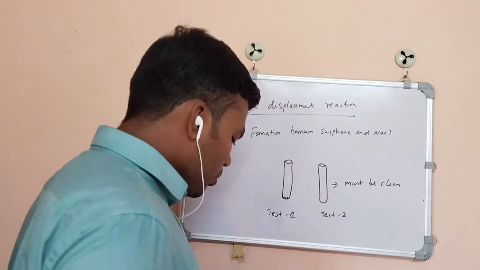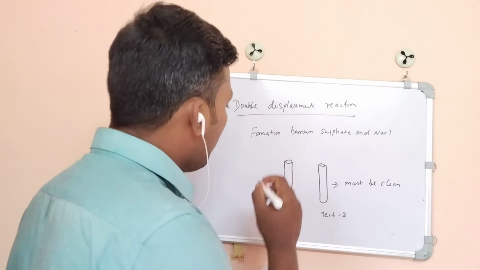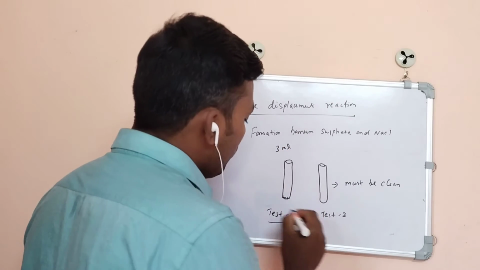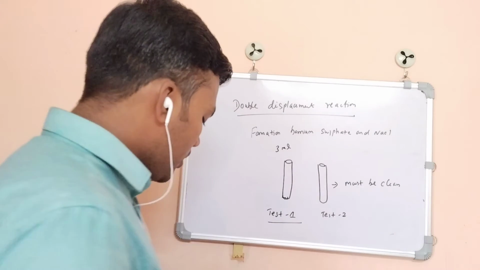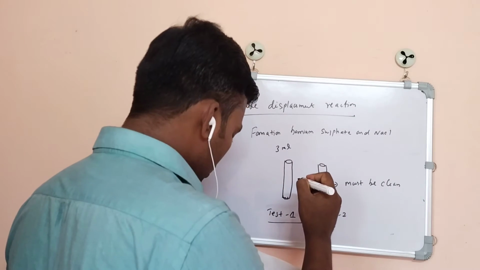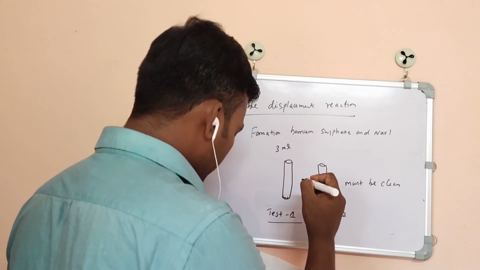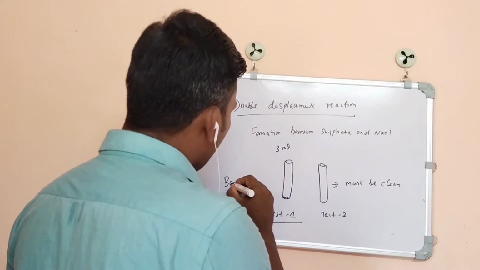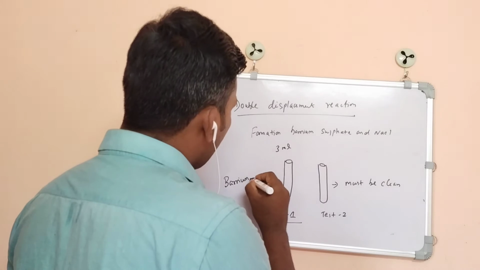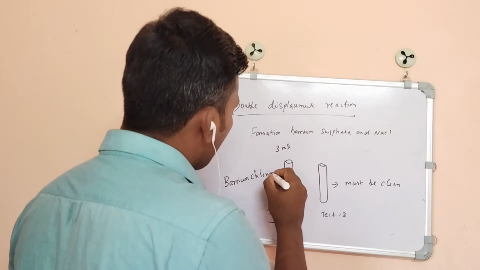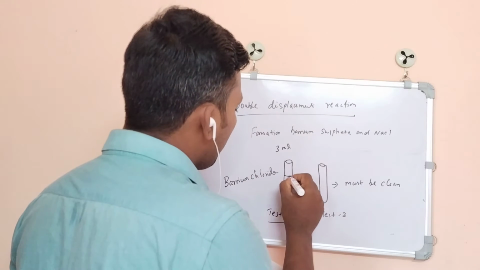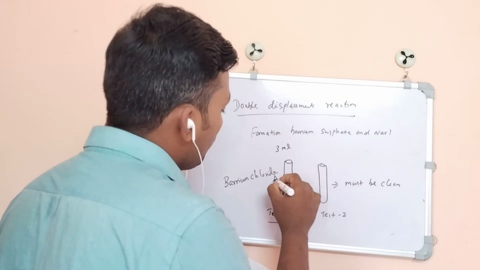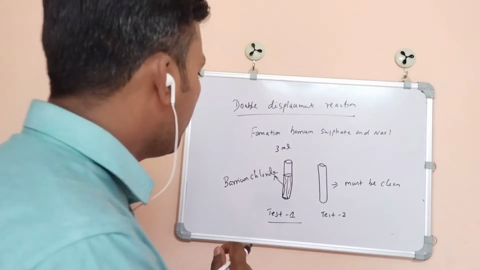In test tube 1 you can take 3 ml of barium chloride.